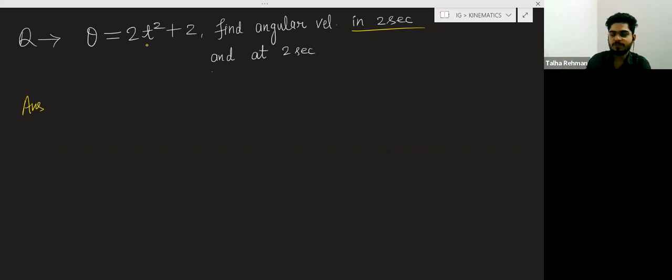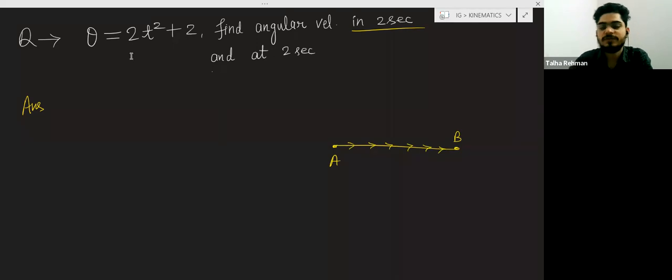For example, let me give you one example. Suppose you are moving in your car, in a straight line, from A to B. Suppose this is a point P, this is a point Q. At A your speed is 10 meter per second.